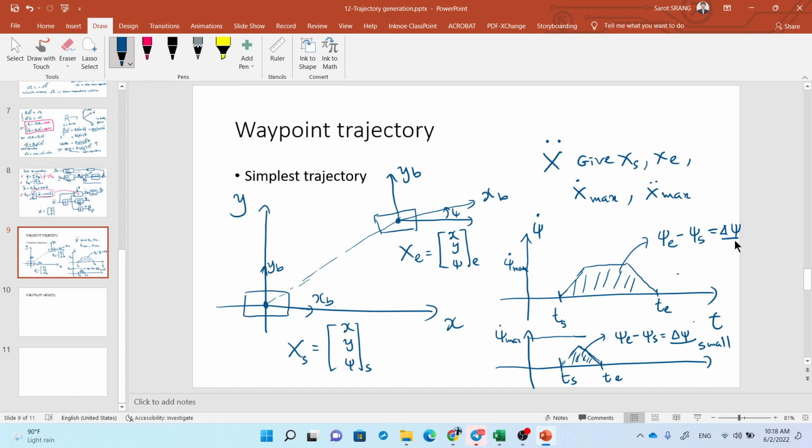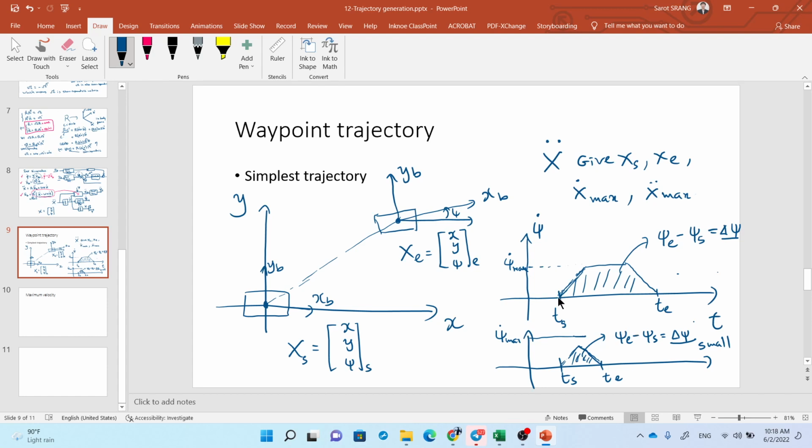What you know is this delta psi, and you know the maximum psi dot, and you know the maximum acceleration. It means this is acceleration using the maximum acceleration, and this is deceleration, maximum also. You got what I mean?